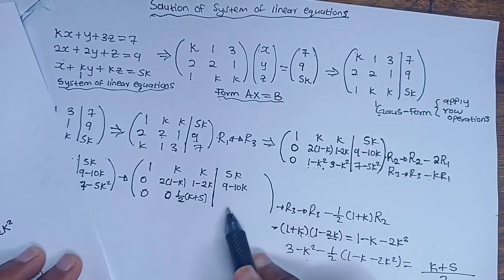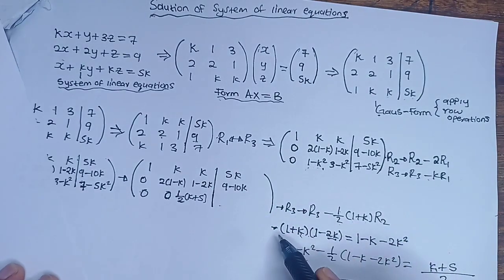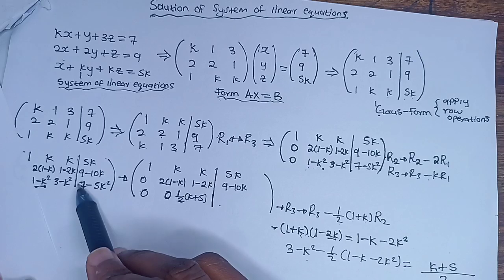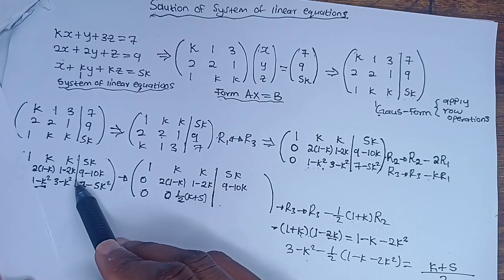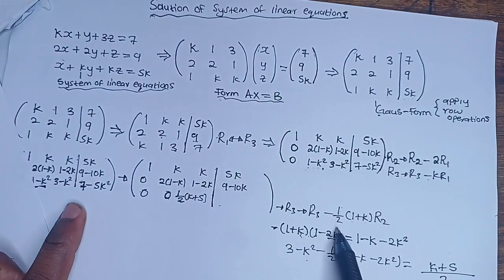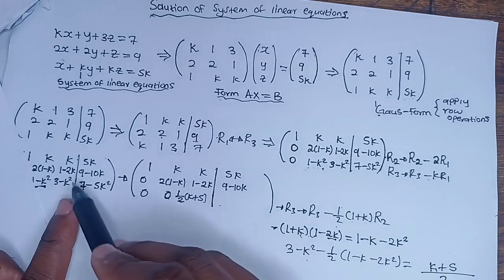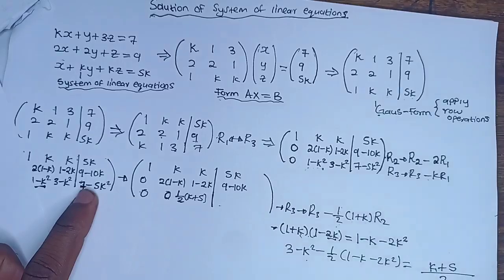Now I also have to do the same operation for this part, row 3, which if I check is 7 minus 5k squared. Then minus 1 over 2, 1 plus k into 9 minus 10k. So I'll have to simplify that also and see what I get.